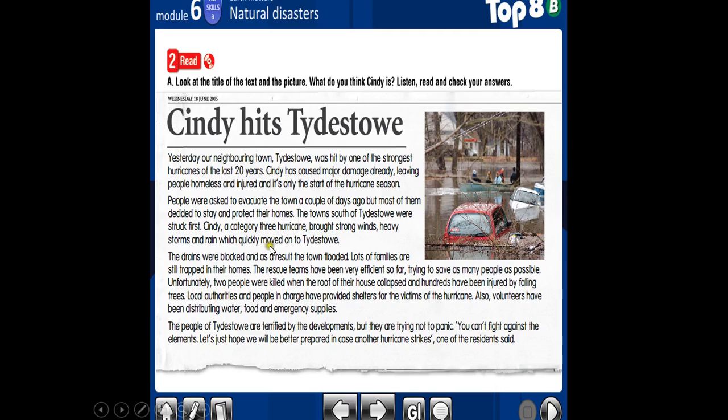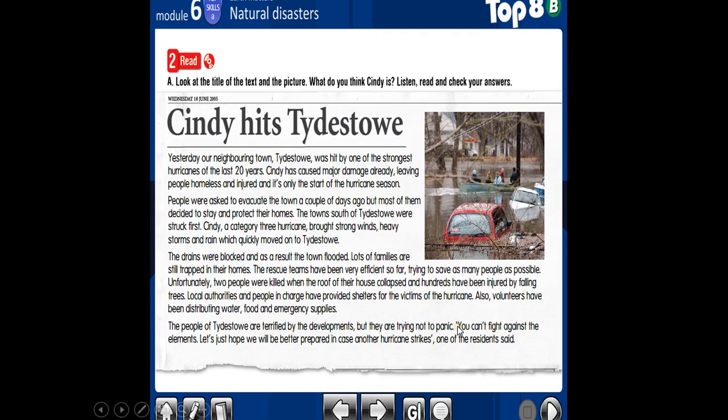Here are the details. What were people doing, what happened after that, and about the injuries, the deaths, etc. And here, the last paragraph, the opinion, a general idea about what happened. We can move on to read the last paragraph. The people of Tidstow are terrified by the developments, but they are trying not to panic.